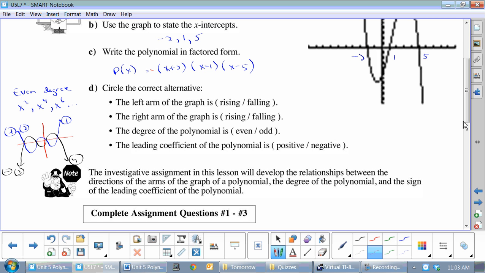Now, let's talk about odd degree. Now, odd degree, what am I talking about? Odd degree, well, x cubed, x to the 5, those are odd degree. Okay, so draw your graph, and if it is positive and odd, it will always start in quadrant 3 and end in quadrant 1.